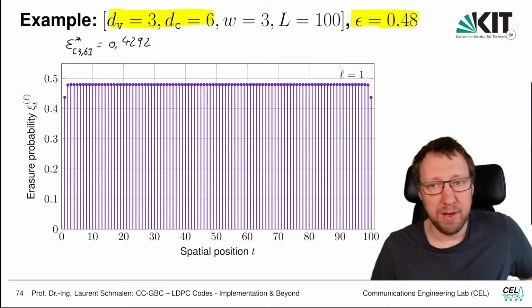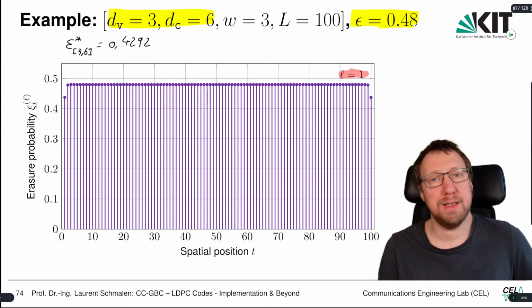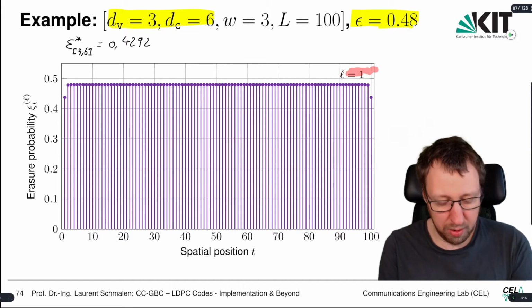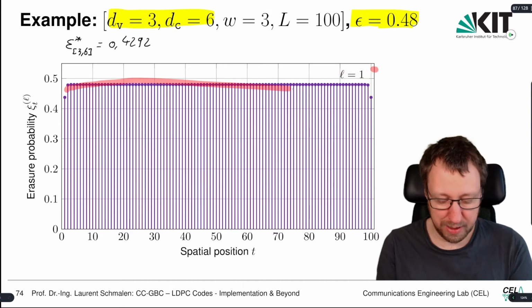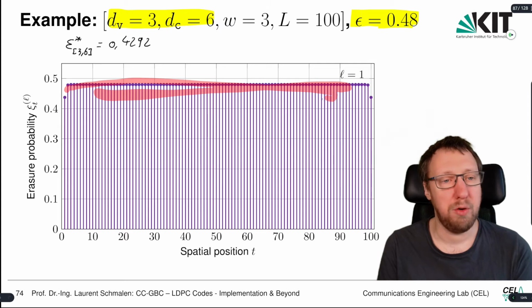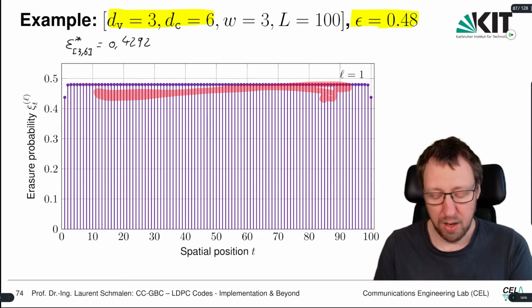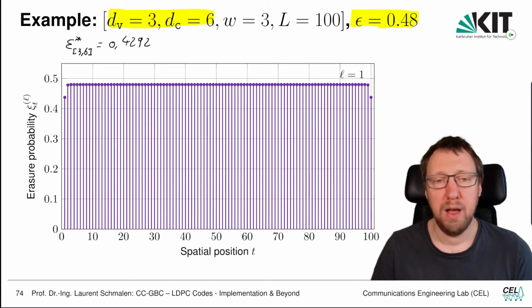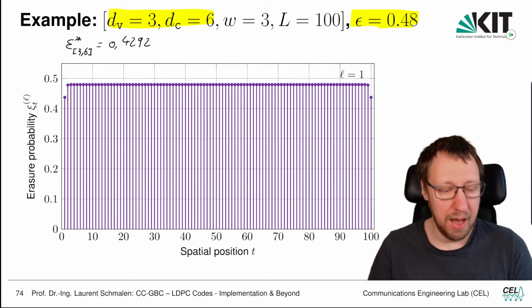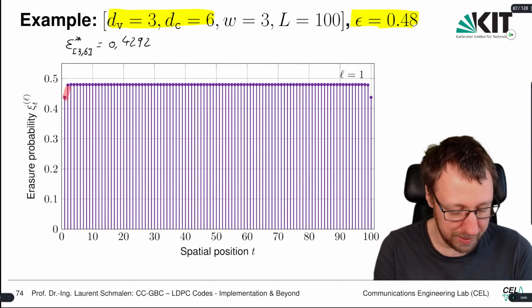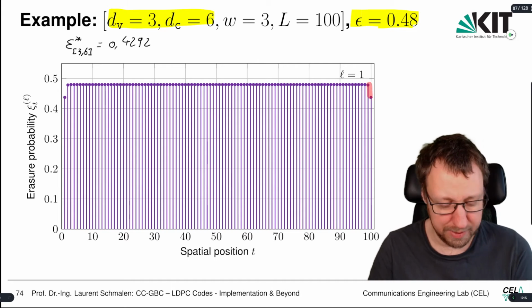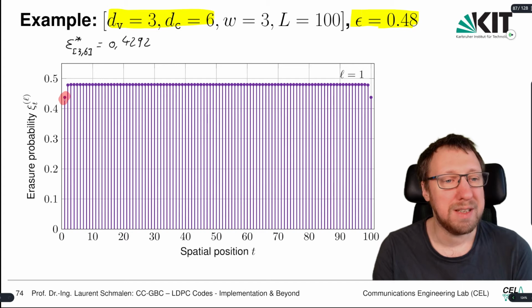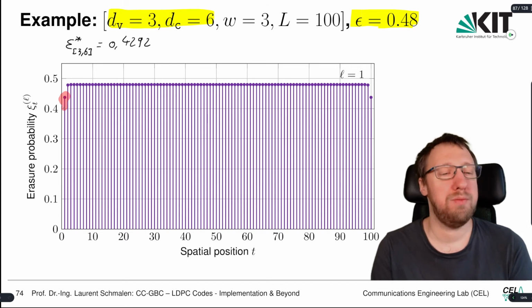So this is after one iteration, this is l equals 1. We have the following situation. All the outgoing messages in the middle spatial positions are equal to 0.48. We have a total of 100 spatial positions. This is a typical example of what you're doing. And we have an erasure probability that looks like this. And we see that at the boundary, we have a slightly lower erasure probability.